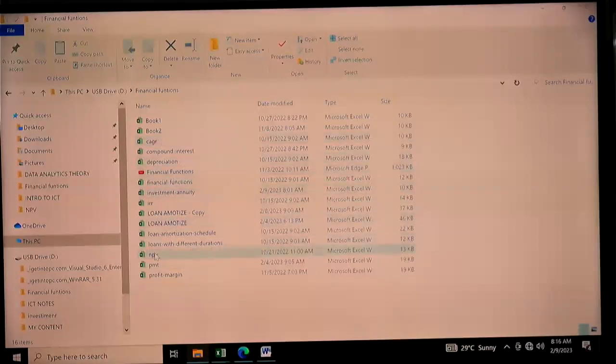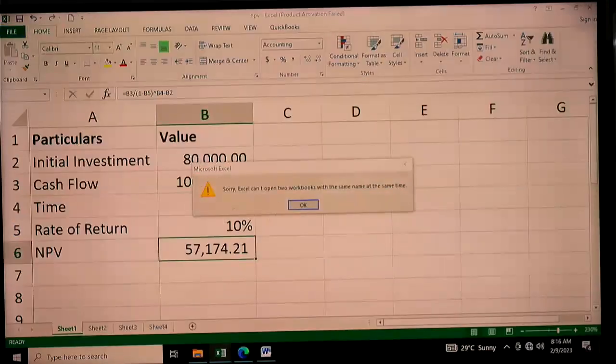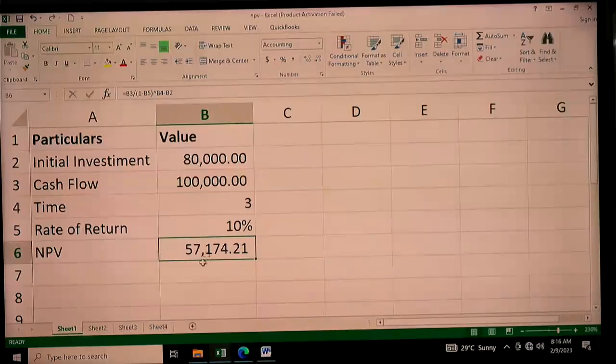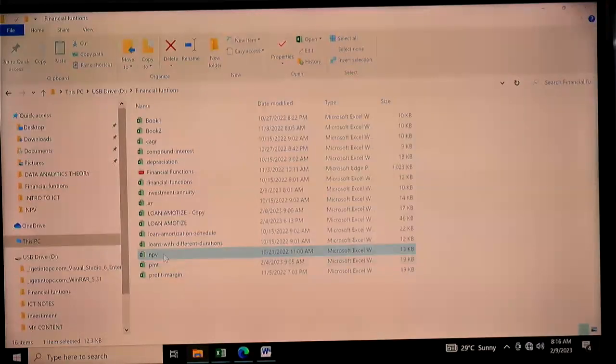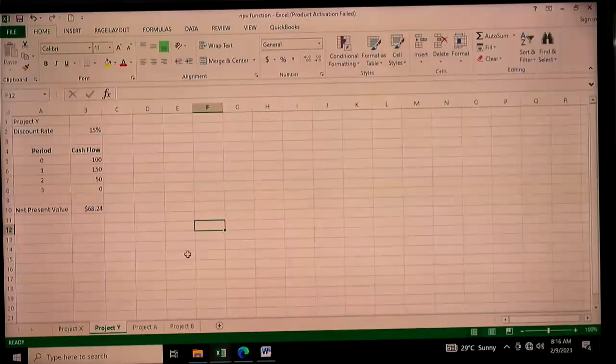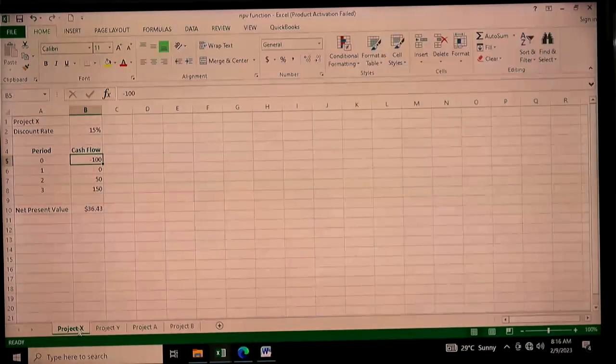We're looking for what? The net present value function. Yes, I'll open that, and this is how. So is it this one, surely?